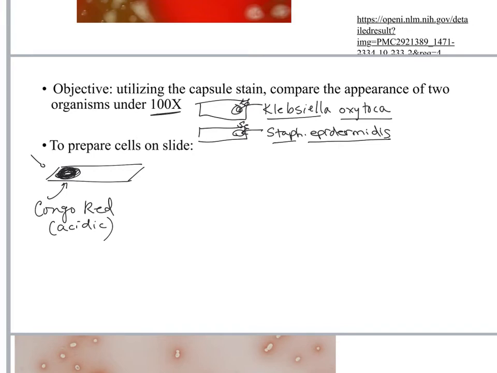Go ahead and spread that out, again, like nickel size. The better you spread it out, the less time it'll take to dry. And then, like I said, we're not going to heat fix it. So no heat fixation.